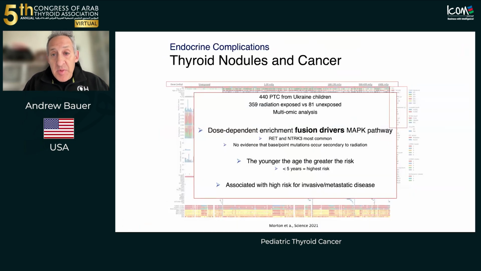An article that came out in 2021 further differentiated radiation-associated papillary thyroid carcinoma by Lindsay Morton and her group at NCI, and really defined that radiation-induced PTC is mostly a fusion-driven cancer, with RET and NTRK3 being the most common fusion oncogenes associated with radiation-induced PTC.